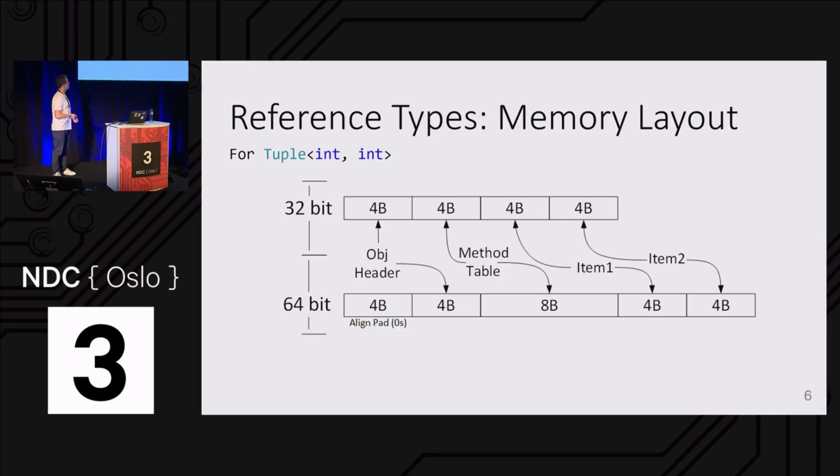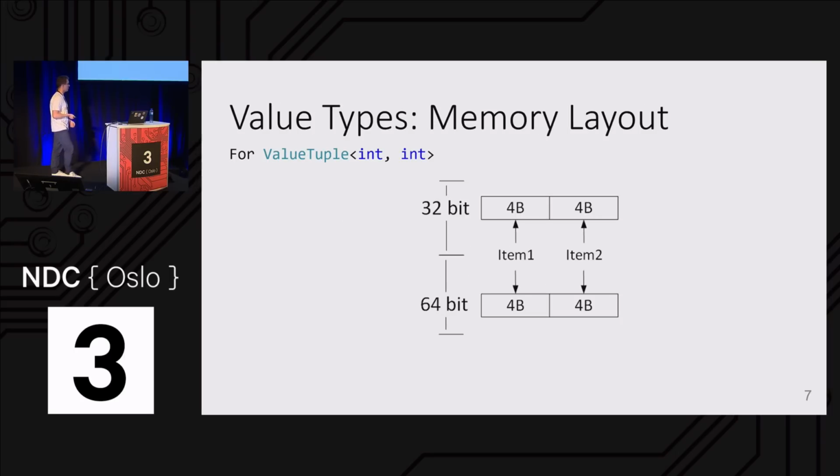When you invoke a virtual method, it jumps to the method table, and then it jumps to the implementation of your method. Also, reflection is using this. But the point here is that we have extra overhead in terms of memory. So for two simple integer fields, we have tripled the amount of necessary memory on 64-bit architecture, which is recently the most common one. When it comes to value types, we don't have any extra overhead.